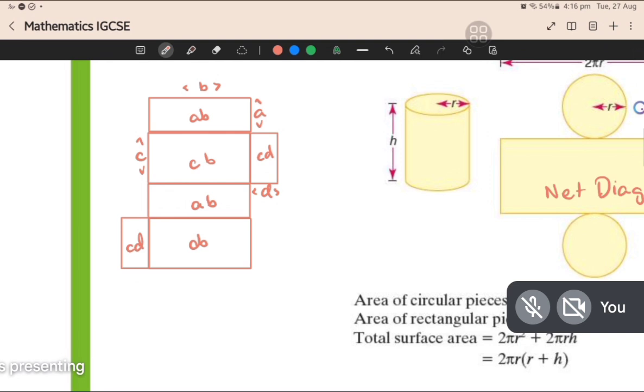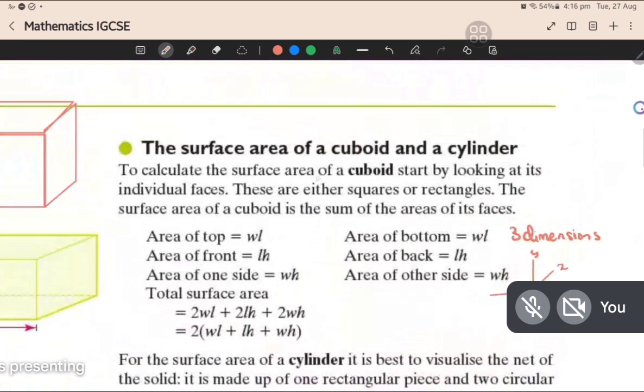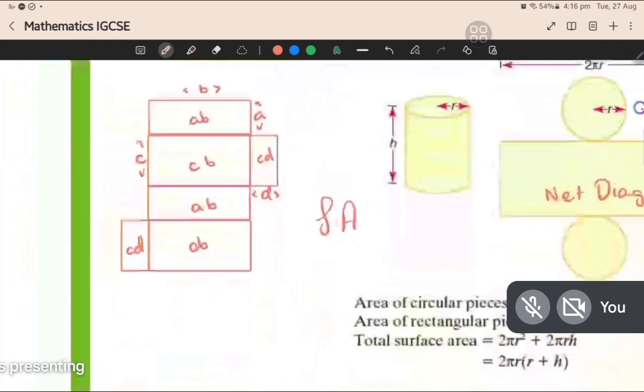Sir, can you explain the concept? We do surface area, no? So the surface area is the sum of the area of the individual surfaces.